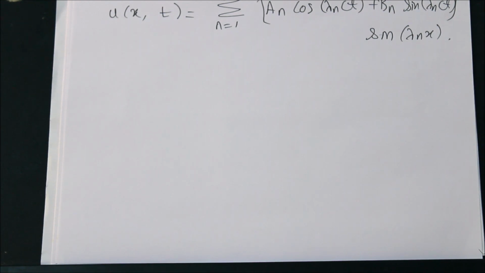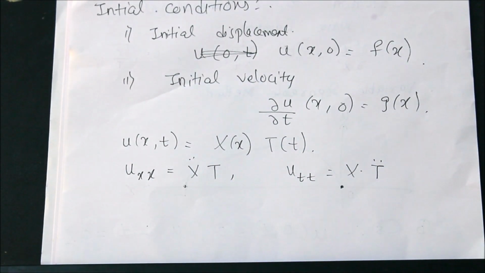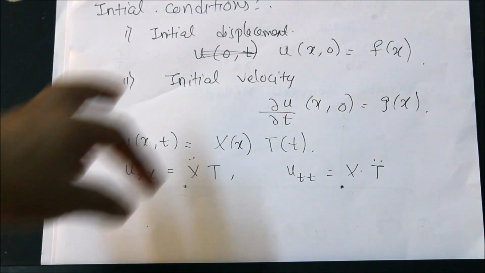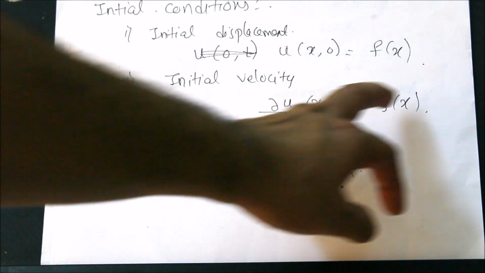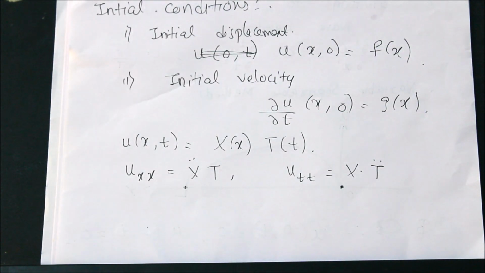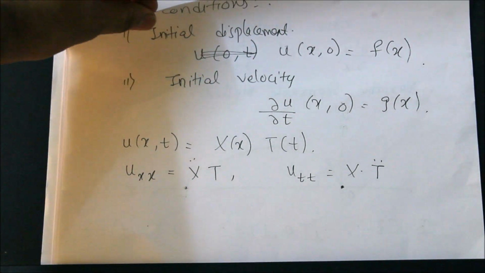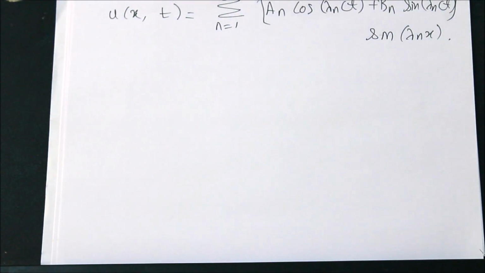Okay, so now for that let's come to our initial conditions, that means our initial displacement and the initial velocity. So now suppose your initial displacement is f(x) and initial velocity is g(x). Now we will use these two conditions to find our A_n's and B_n's. Okay, so let's go one by one. Suppose your initial displacement is f(x).